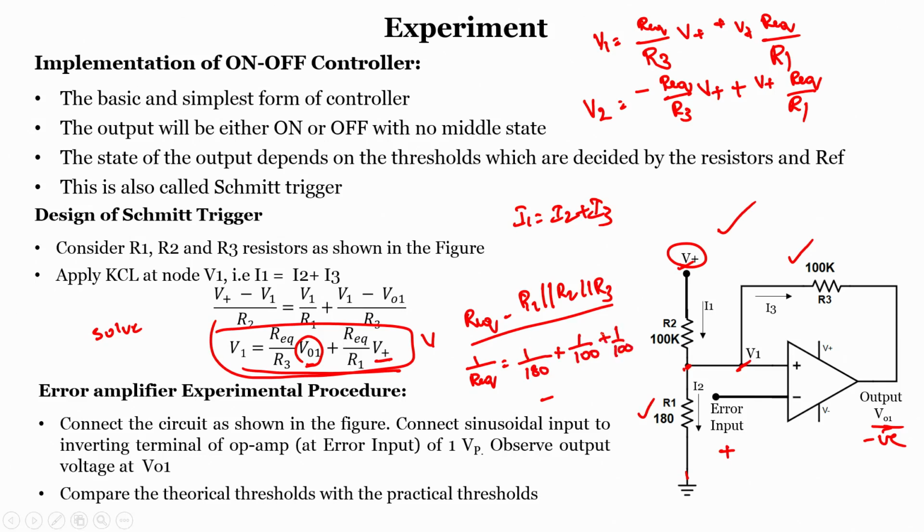First, I will calculate for these two, R1 and R2. When resistors are the same and in parallel, it will be R by 2. So, it is 50 K. Now, 1 by 50 plus 1 by 180. Let me solve it.